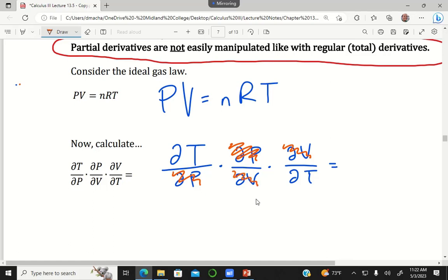And then I've got a partial of temperature in the numerator and a partial of temperature in the denominator, so that should just be 1, right? That's what I would say if I could just do these algebraic manipulations. If I could treat the partial differentials like they were variables, we could do that. Okay? So let's actually work out the whole problem the long, boring, tedious way, and let's see what we get.